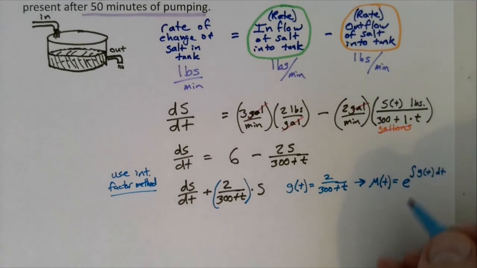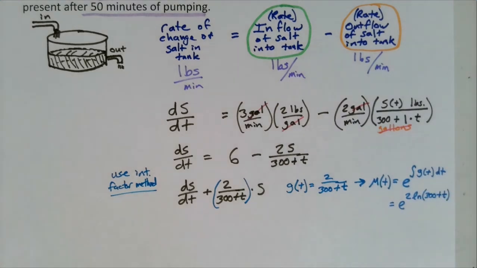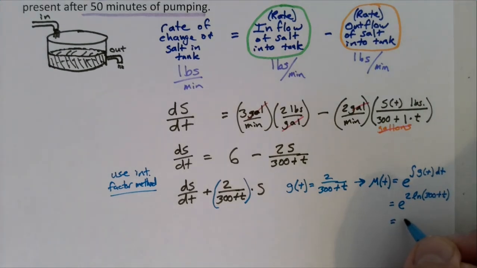So this thing becomes e to the 2 natural log of 300 plus t. Again, I can't use the e natural log trick and have them cancel because there's a 2 sitting in front. So I'm going to pull that 2 inside, and this thing becomes quantity 300 plus t squared.